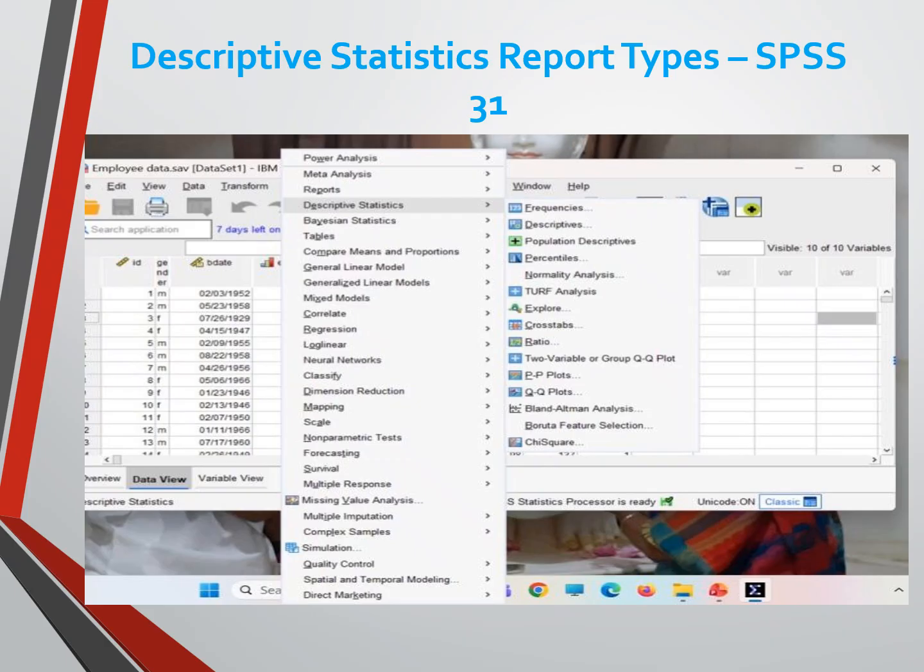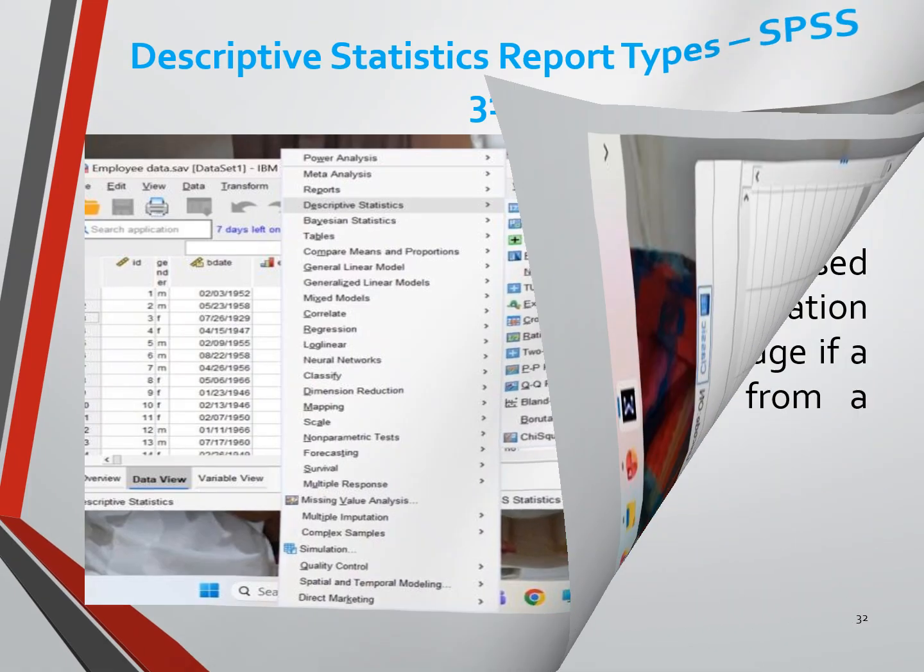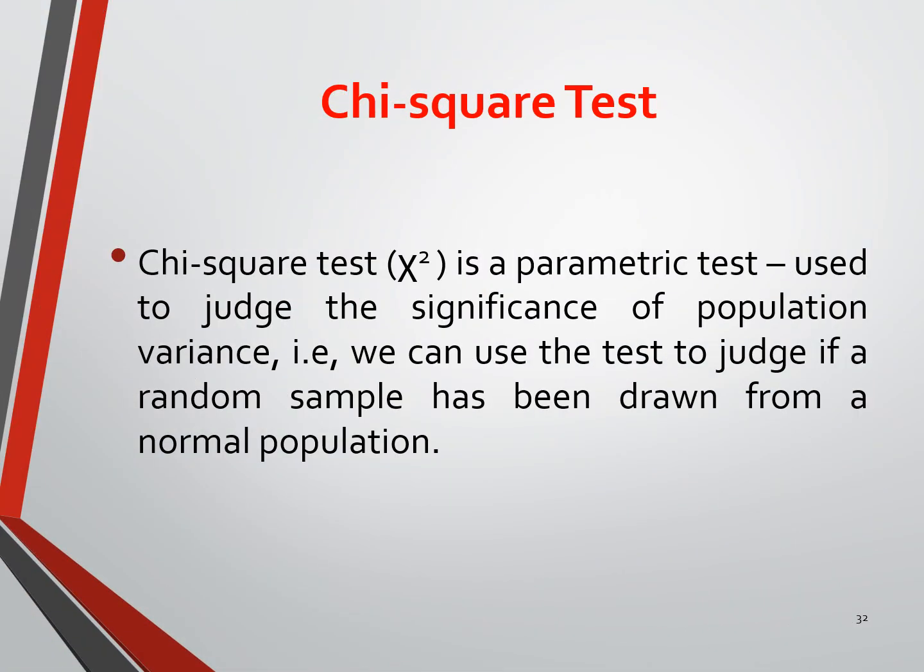Now I come to the chi-square test. Some people pronounce it one way, some another; whichever way you say it, both are okay. It is a parametric test used to judge the significance of population variance, meaning whether the population variance is the same or not.